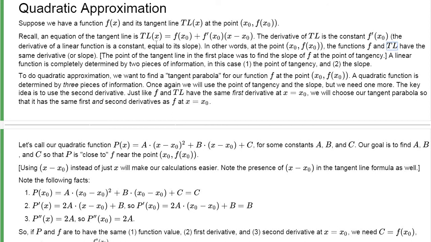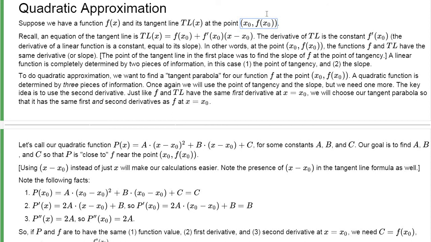So the tangent line and the original function agree in the function value, the y value. So f of x sub 0 is the y value of the point of tangency. The f and TL agree on that function value. So they have the same y value, and they also have the same slope.